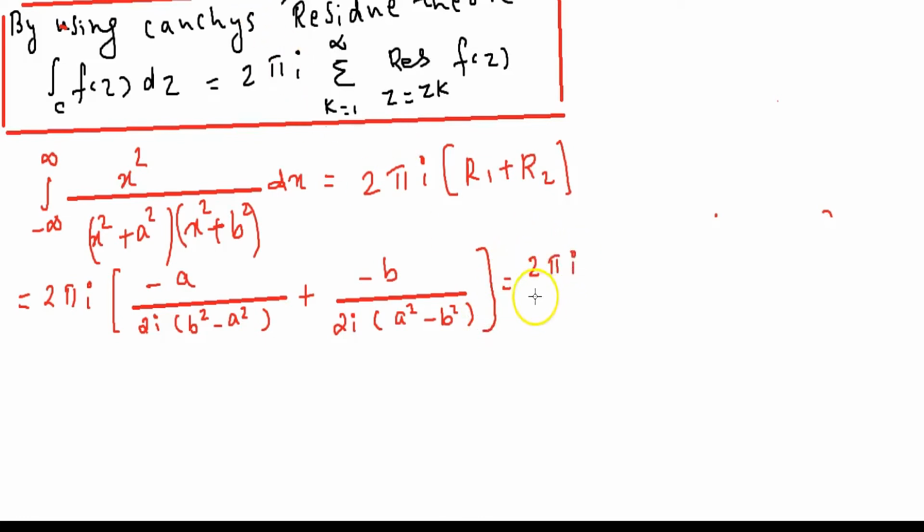Taking 2i common from the denominator, and multiplying numerator and denominator of minus a by b square minus a square by minus 1, we get a by a square minus b square minus b by a square minus b square.